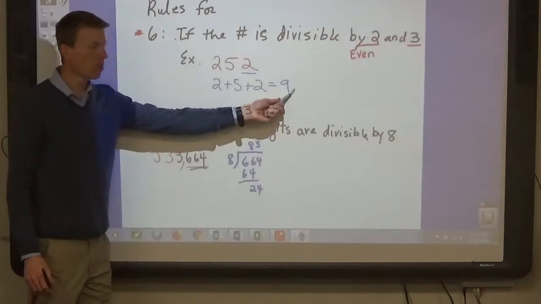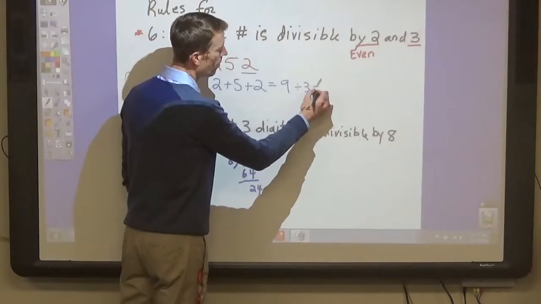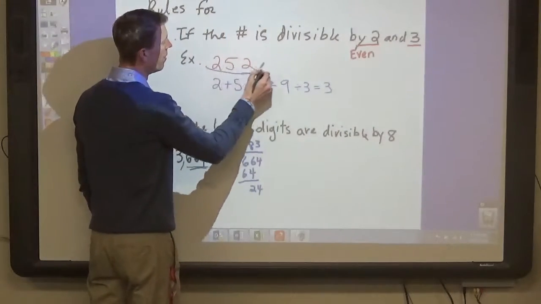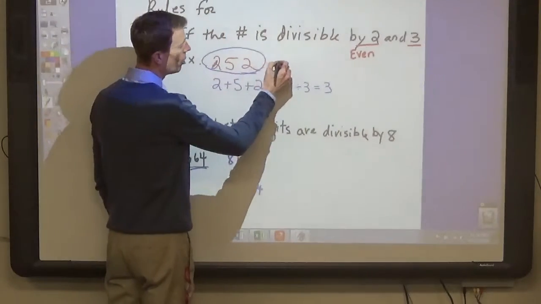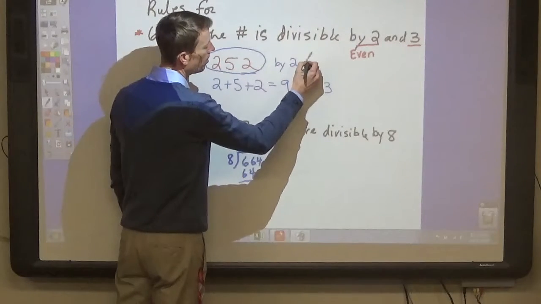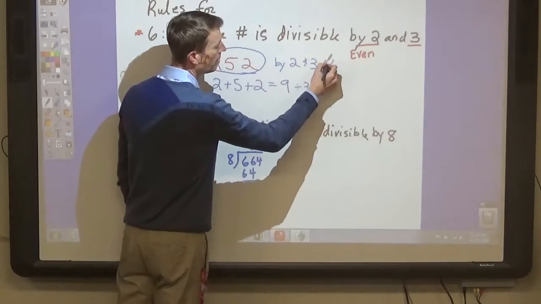Is 9 divisible by 3? Yes. That's divisible by 3. So therefore, this whole number, 252, is divisible by 6. 2 and 3, and therefore it's also divisible by 6.